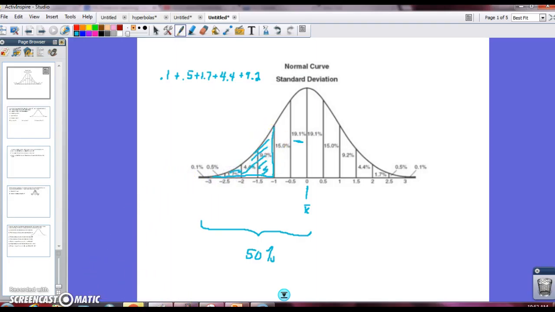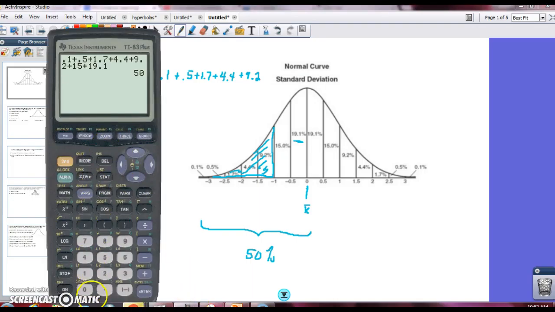So if I add all those up, I'll do that on my calculator. 0.1 plus 0.5 plus 1.7 plus 4.4 plus 9.2. If I add all those up, that adds up to 15.9, right?